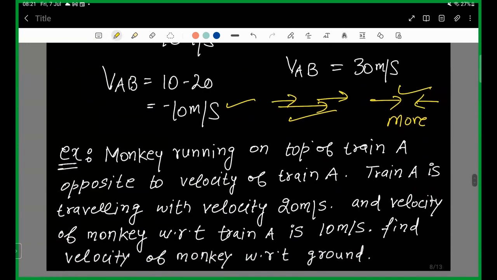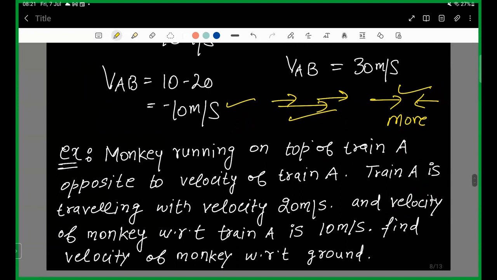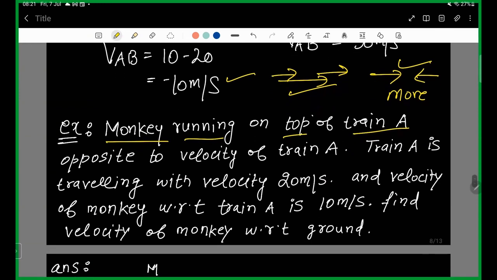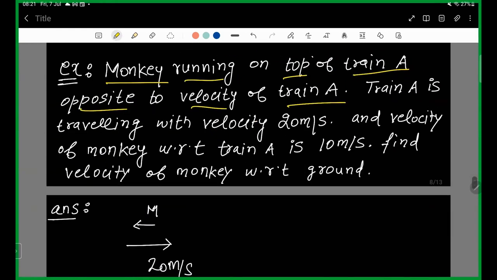Okay, the last question of this lecture which I want to discuss is this. A monkey is running on the top of a train A. The monkey is running opposite to the velocity of train A. So this is train A, and the monkey is running on its top in the opposite way. The train A is traveling with a velocity of 20 meters per second.